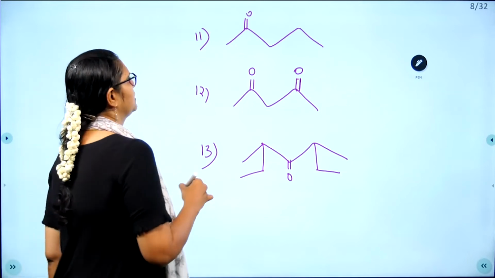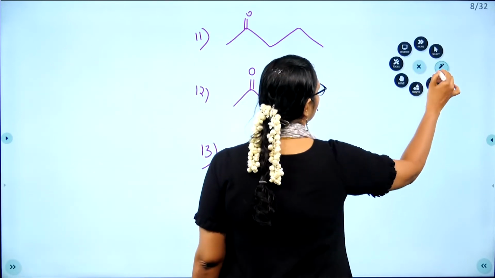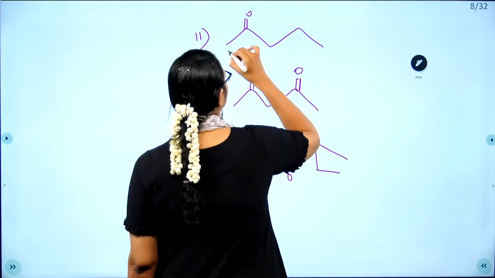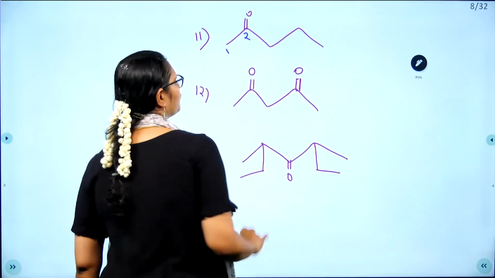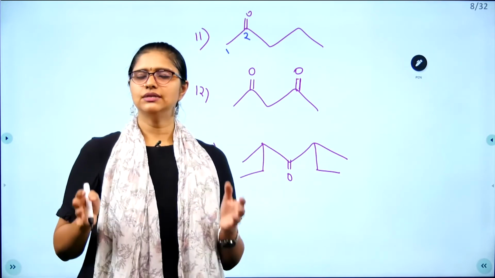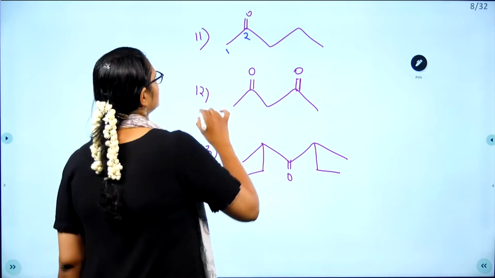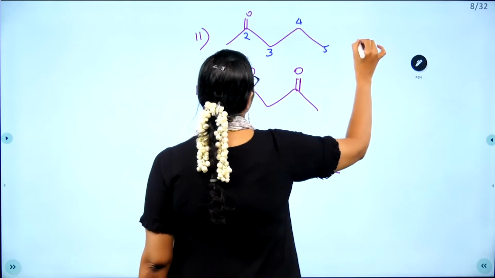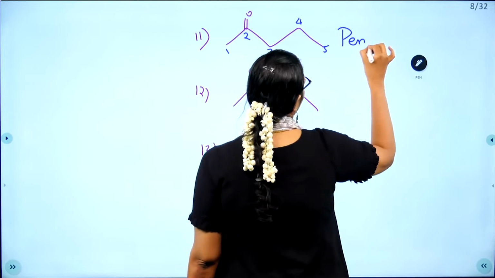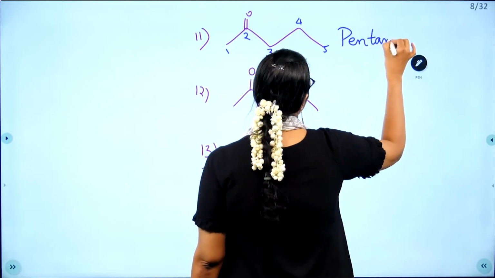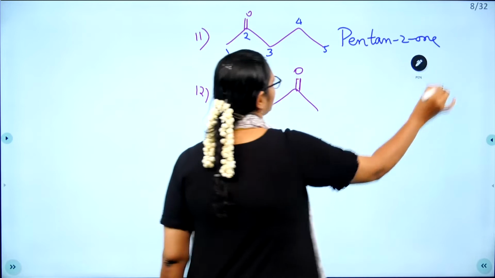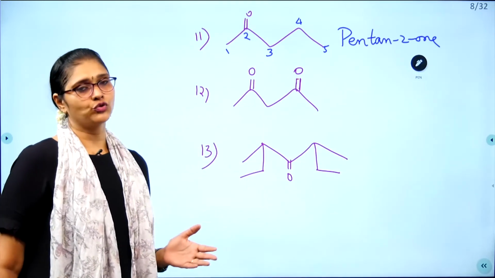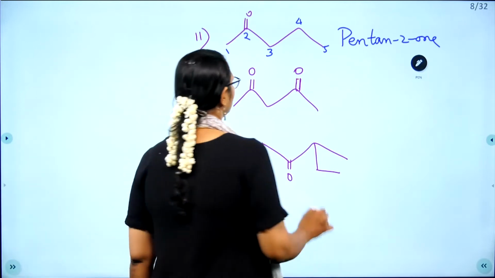Let us see. First, see now, here you have a functional group. Your functional group should get the least number, small number. So start with this, okay? 1, 2, 3, 4, 5. So it will be pentane 2-one, because in second position you have ketone group. So therefore it is pentane 2-one.